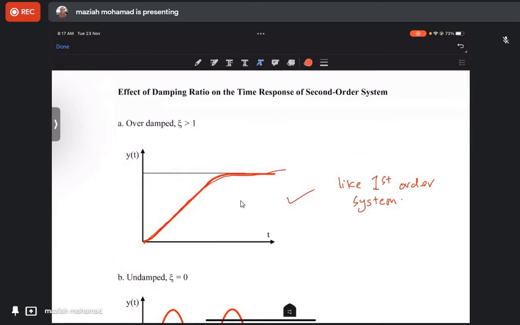For example, in a car suspension, what happens if the spring is too hard, meaning the damping is quite hard there? Let's imagine that the spring is hard, the stiffness of the spring is quite high.